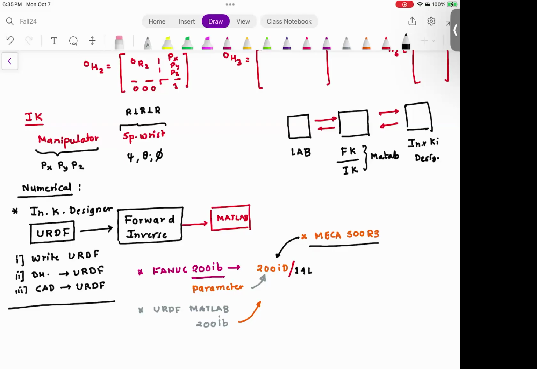Any other questions? If we use a numerical solver, it will give us like three or four solutions. So shall we write down all the solutions? Now here is what would happen. That is the beauty of the inverse kinematics designer. It allows you to enter the joint limits.